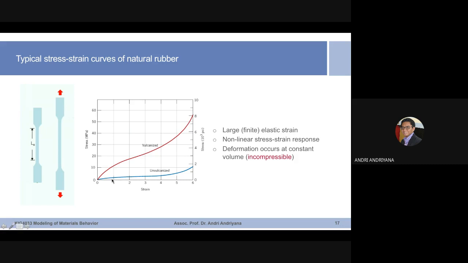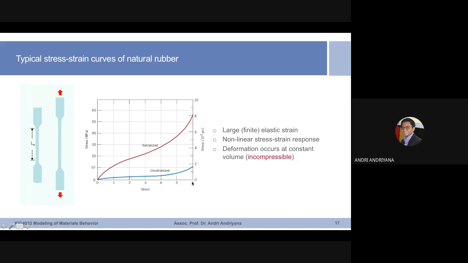Okay, so here what we see is that this is strain, this is stress. Strain of 1 means that it is 100%. So you stretch it 2 times its original length. The strain of 2 means 200%, which means that you stretch it 3 times its initial length, and so on and so forth here until 6, 7 times.